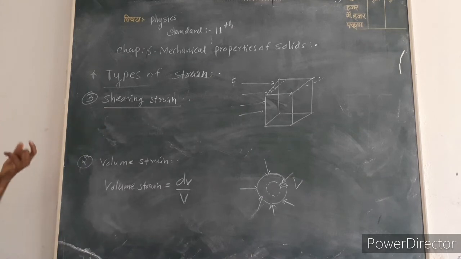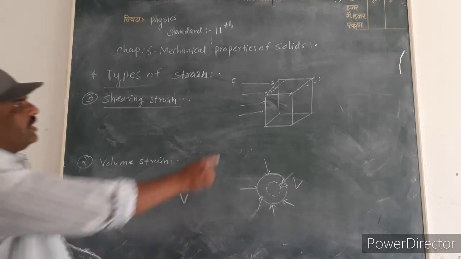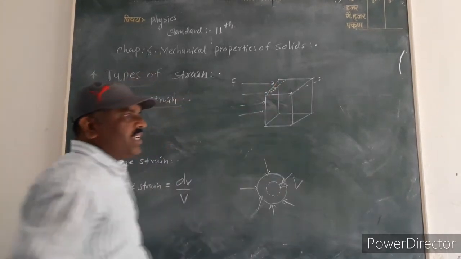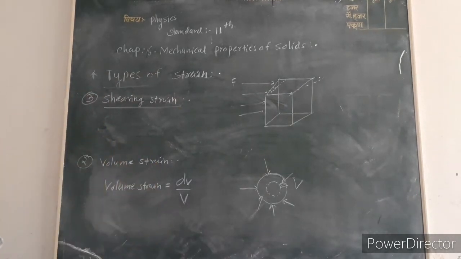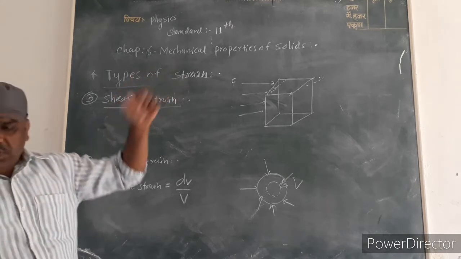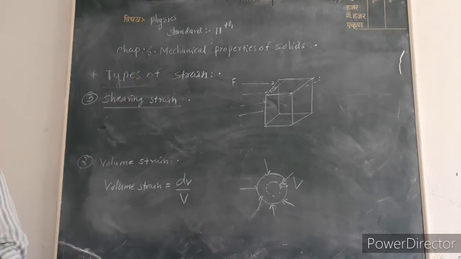The shear strain is defined as the relative displacement of the top surface of that cube.